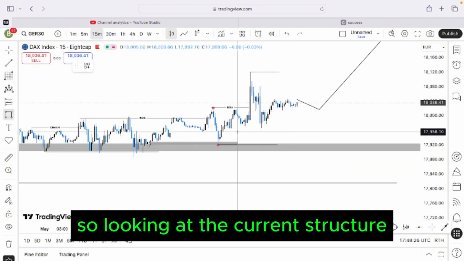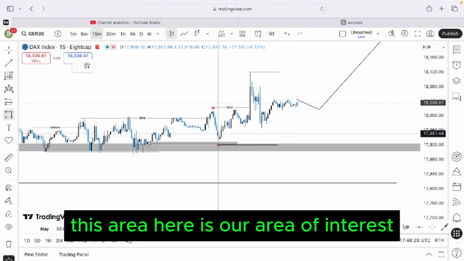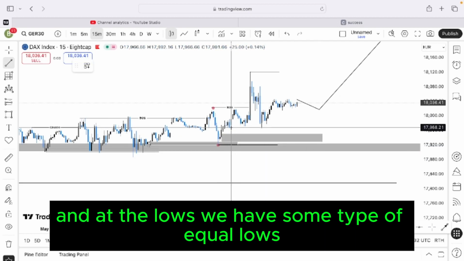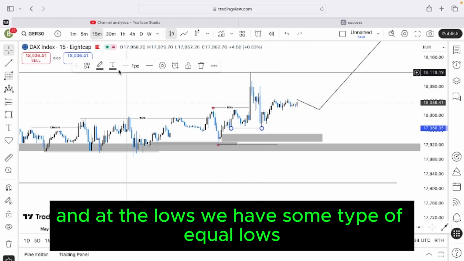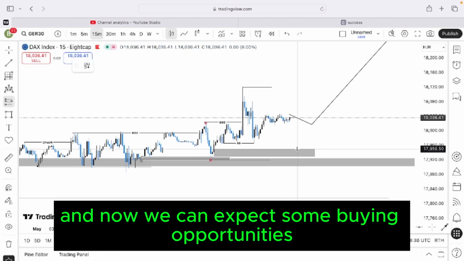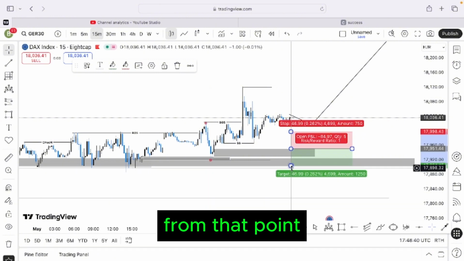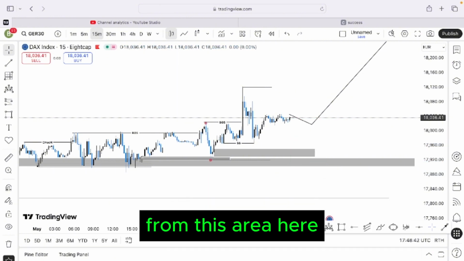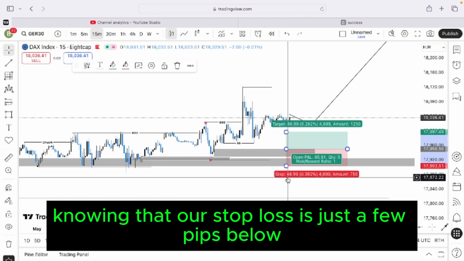So looking at the current structure, you can see that we had this area here as our area of interest, and at the lows we have some type of equal lows, of which that shows liquidity.